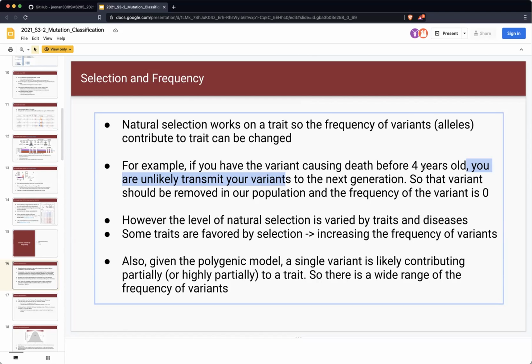But as Darwin described in his model earlier, we have a wide and continuous range of trait values, and that is recapitulated by the range of allele frequencies as well. So the frequency of the variants is also quite continuous, like the trait value. This is because the genetic variant is only partially contributing to the traits.